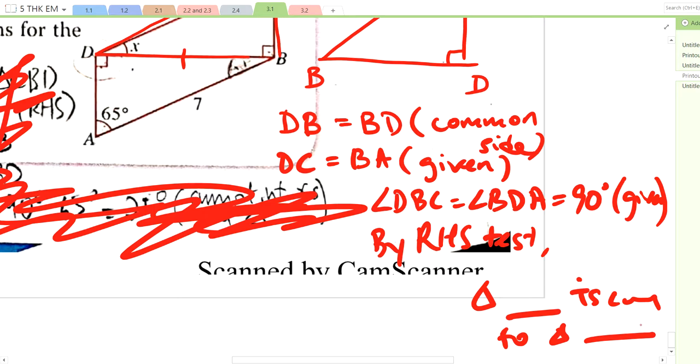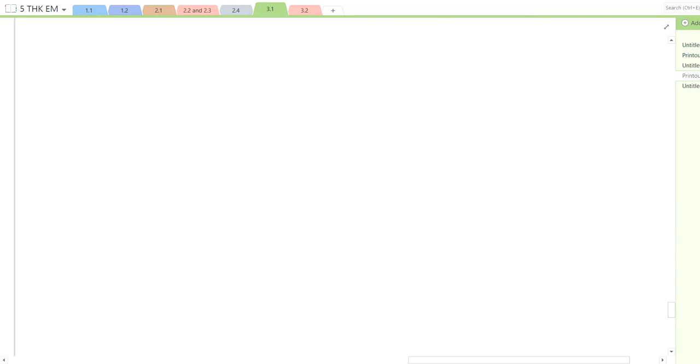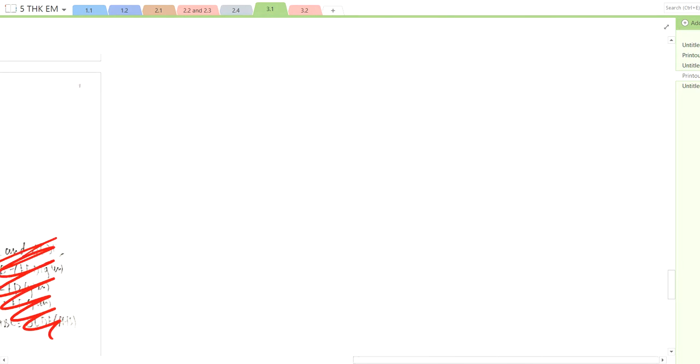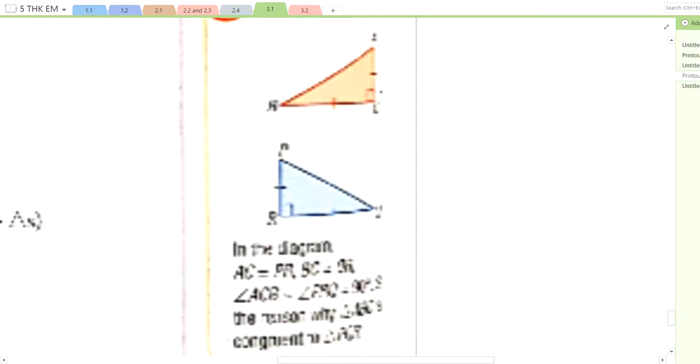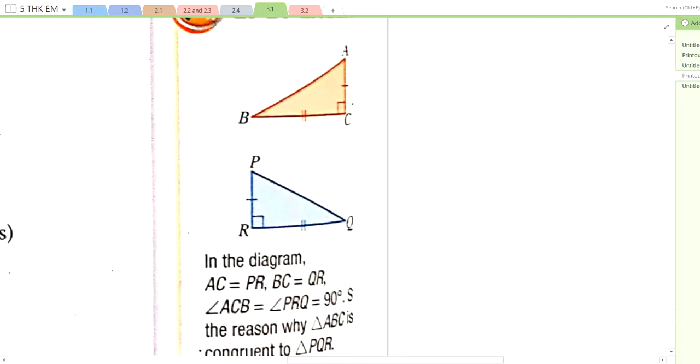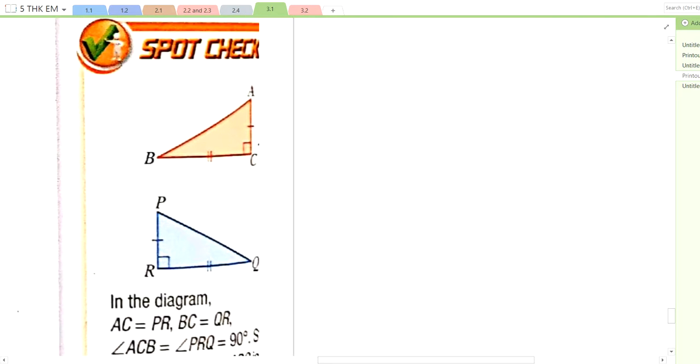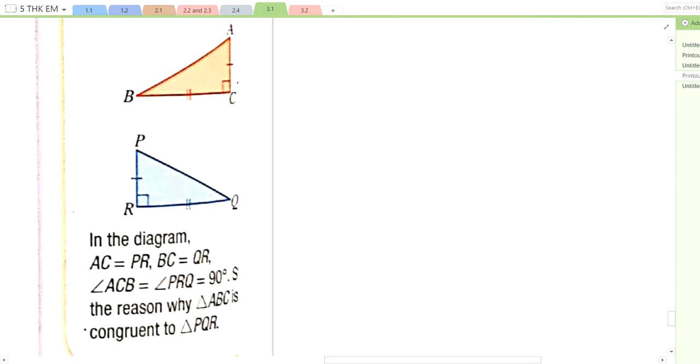Okay, then I noticed this interesting diagram at the side. Let's take a look at this one. In the diagram, this is our spot check. AC equals to PR, BC equals to QR, and then they tell you that these two triangles are congruent. Okay, what test shall we use for this?